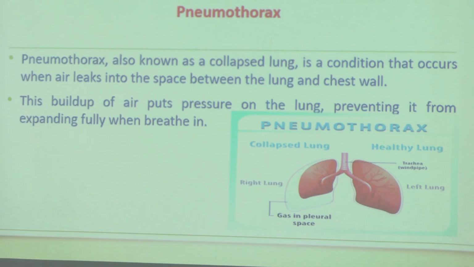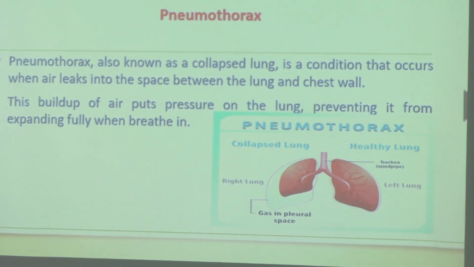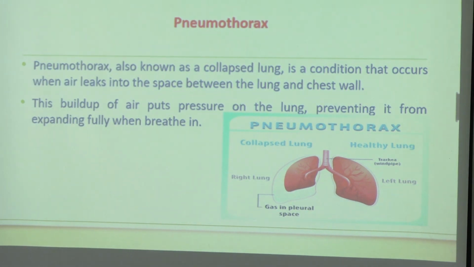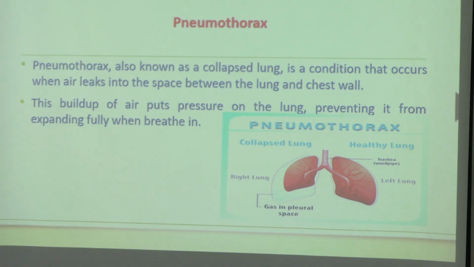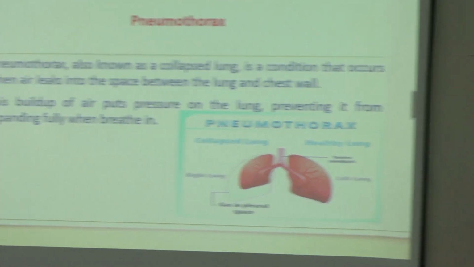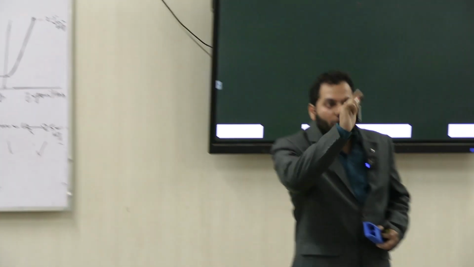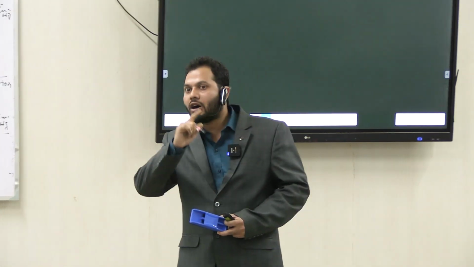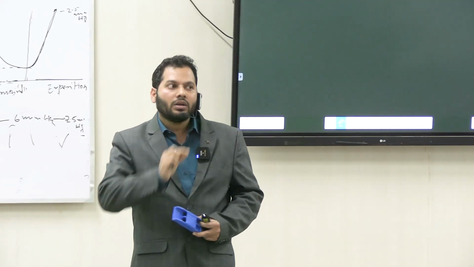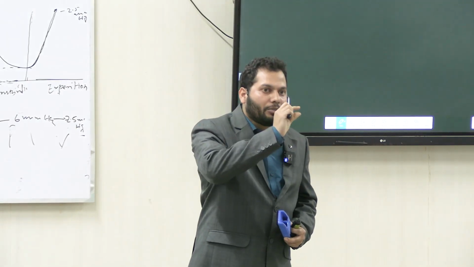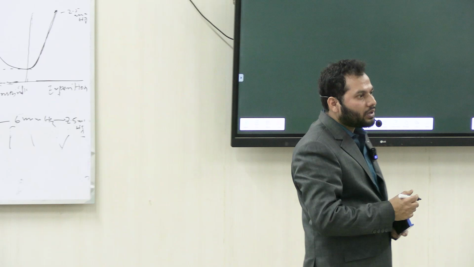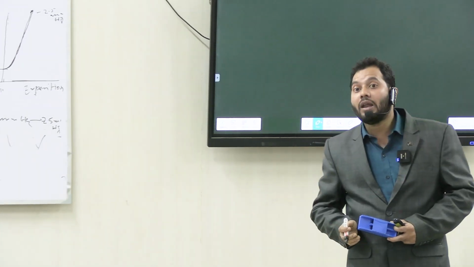Its characteristic is the entry of some air from the atmosphere into the intrapleural space, and this entry is mainly due to the collapse of both the visceral pleura as well as the parietal pleura, which leaks some amount of air inside the pleural space.